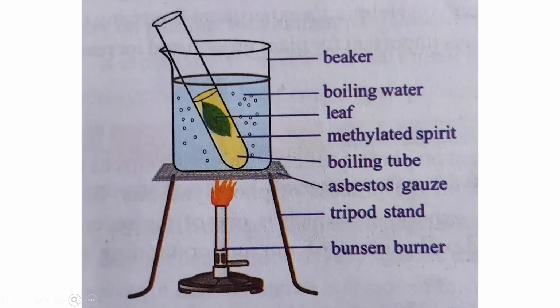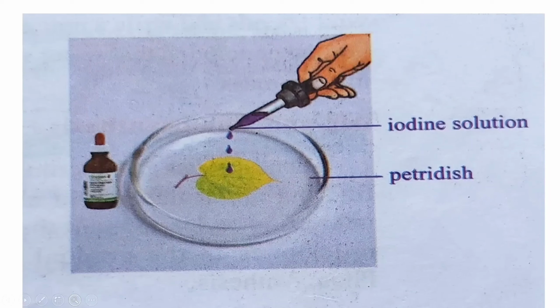Then take the leaf carefully from the test tube using a brush. Then spread the leaf in the petri dish and add a few drops of tincture iodine solution on it. Again, observe the leaf. The leaf turns blue-black. The iodine solution turns the leaf blue-black in color.